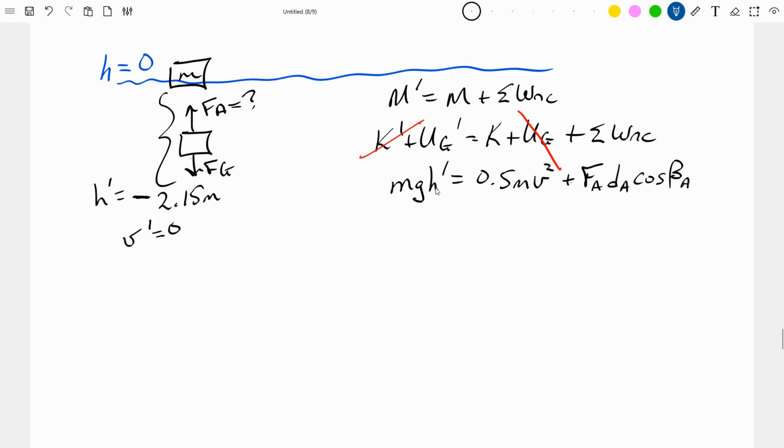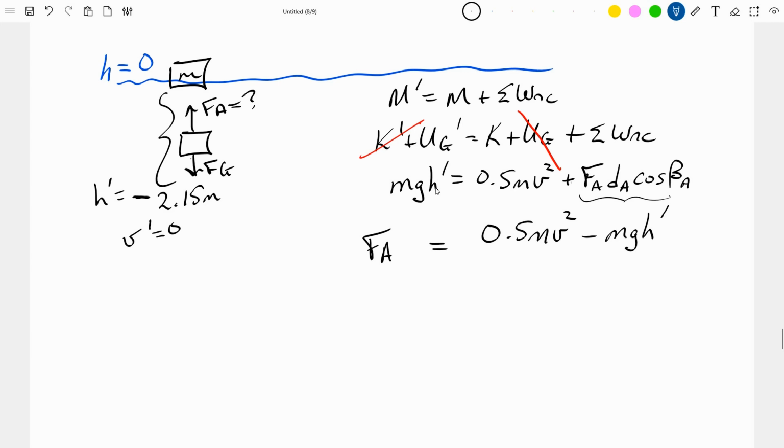So let's imagine that I take this term to the left side of the equation, F applied. Let's imagine that I kept the 0.5 mv squared where it was, didn't move. I subtract mgh prime to the right side of the equation. Now, I realize I didn't write it in here, but if I had taken this whole term to the left side, it would be sitting here.